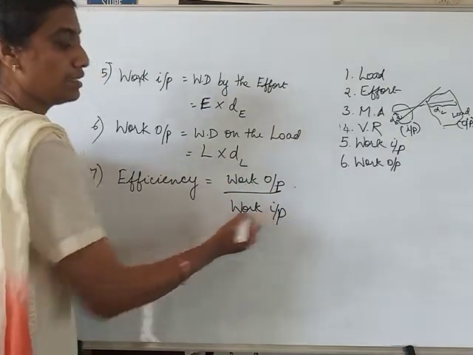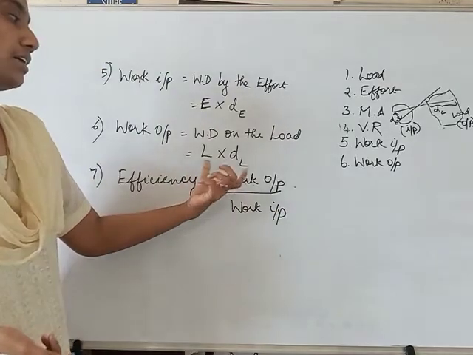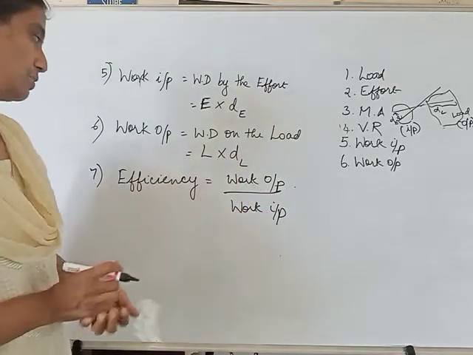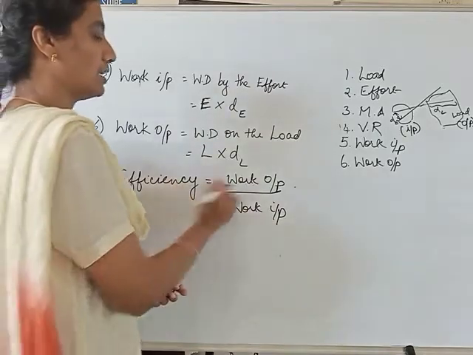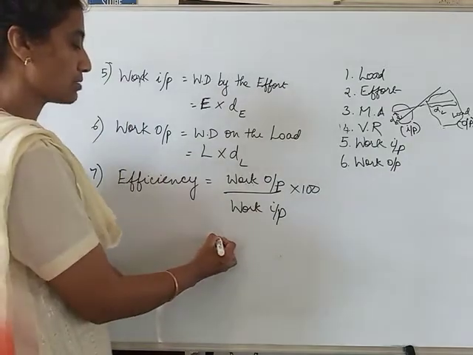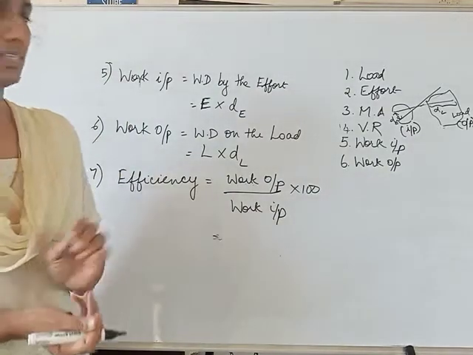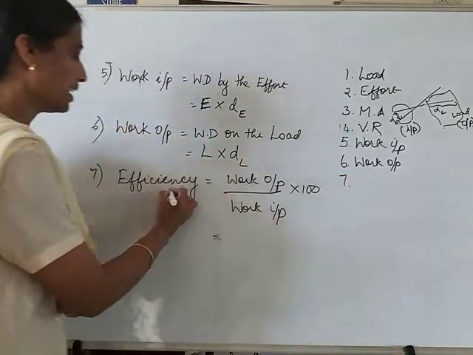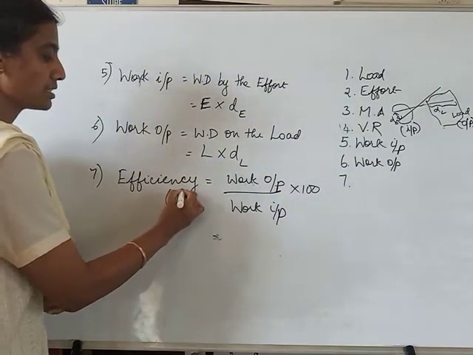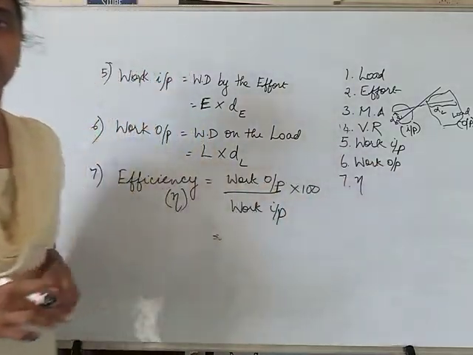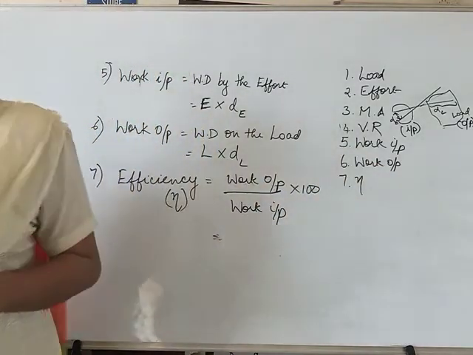It will tell how much output is produced compared with the input given to it, and it will always be in percentage, so you'll have to multiply by 100. Okay. So the seventh term is efficiency, and the symbol that we use is eta. That's the seventh term that we saw.